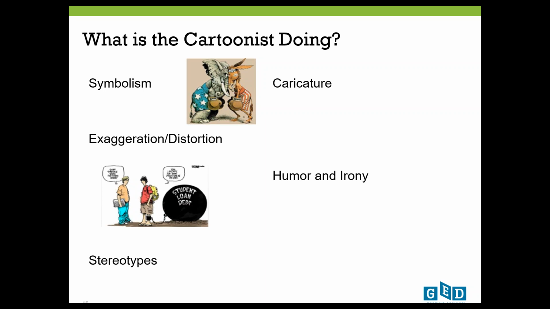We have exaggeration and distortion. We've all heard recent talks about the, literally billions and billions of dollars that are tied up in student loan debt, and what a problem that is. And we notice here the cartoonist has exaggerated that ball and chain that's around the person's ankle to show how that really drags someone down.